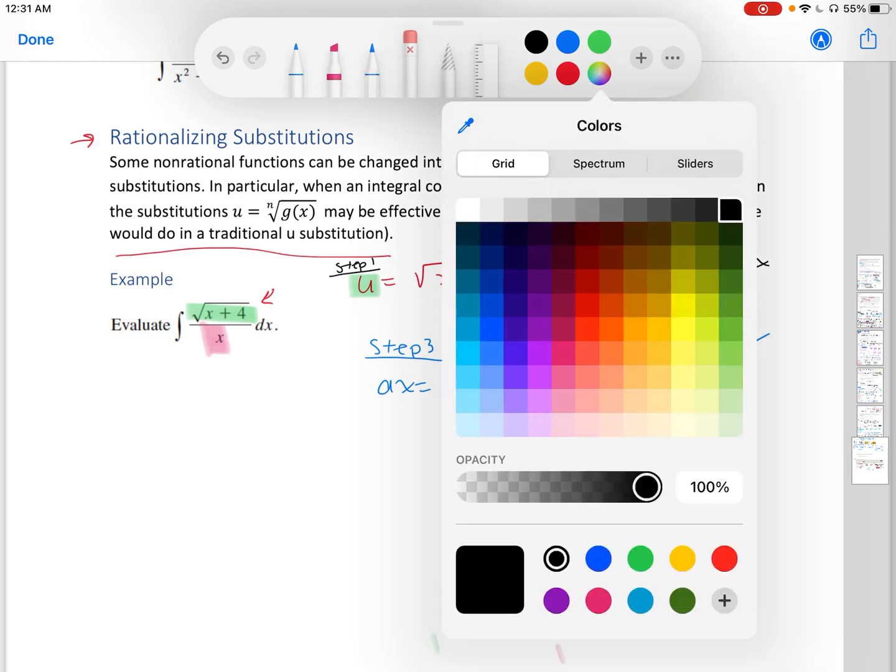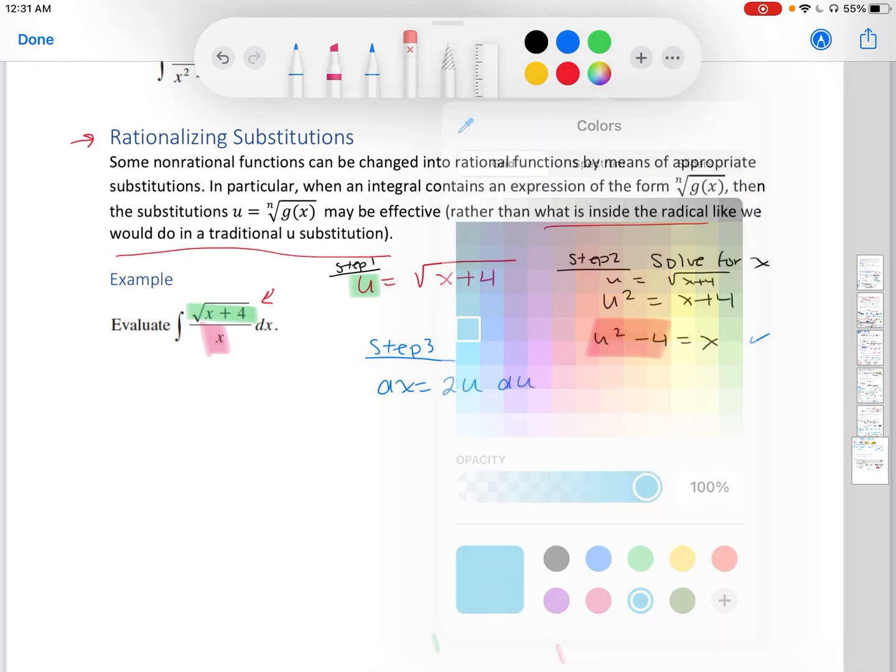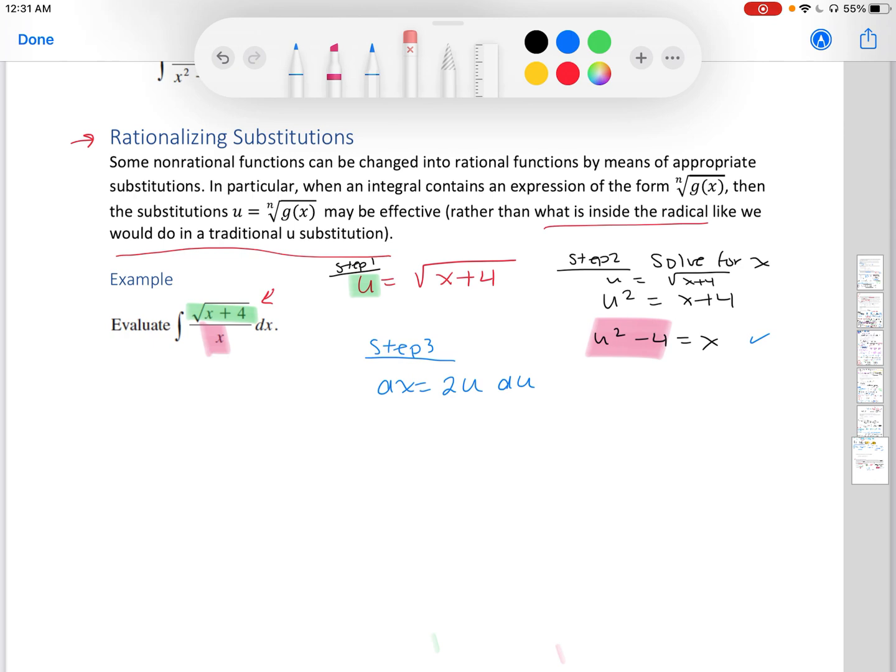And lastly, dx will be 2u du. So let's go ahead and make that change. So we said the square root of x plus 4 is equal to u. x, what is x equal to? x is equal to u squared minus 4.